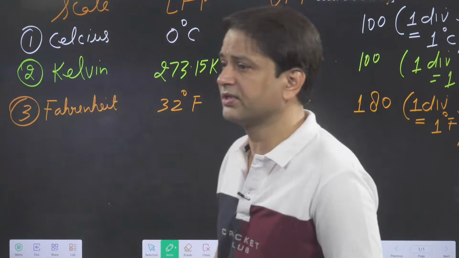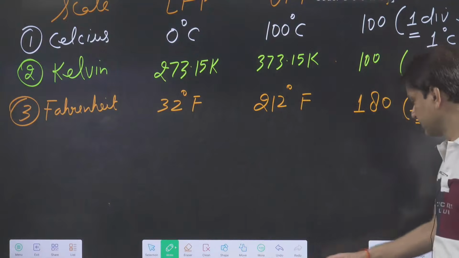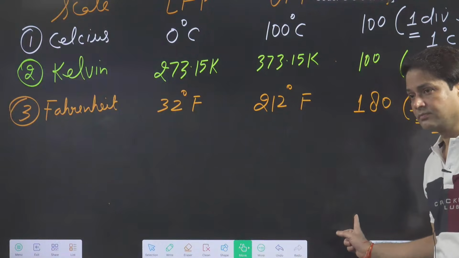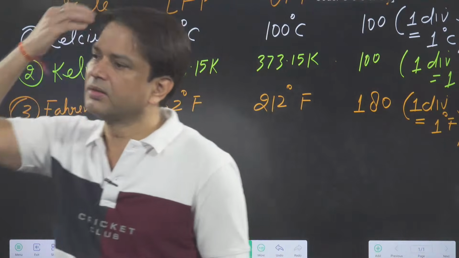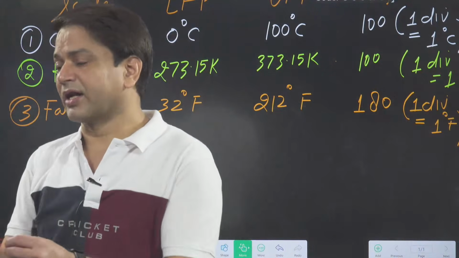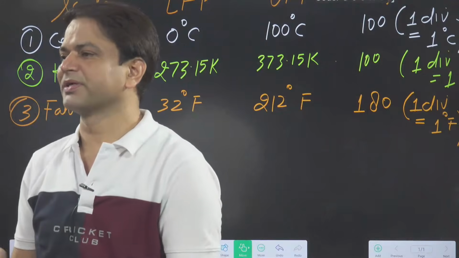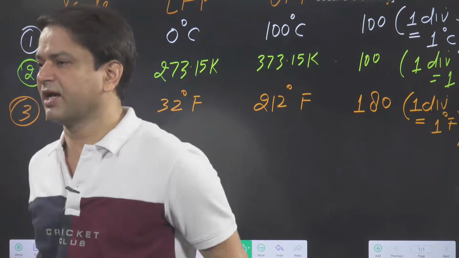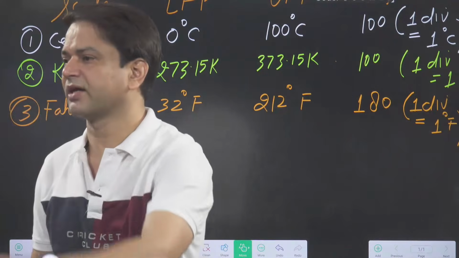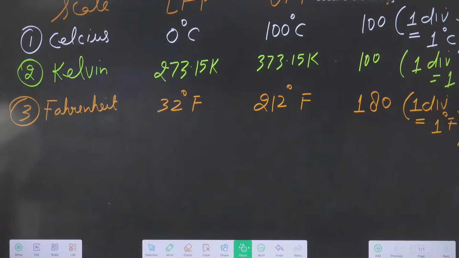Everybody got it? So Fahrenheit, later you will learn more precise instruments, we can say Fahrenheit is more precise because its one division is smaller than Celsius and Kelvin.